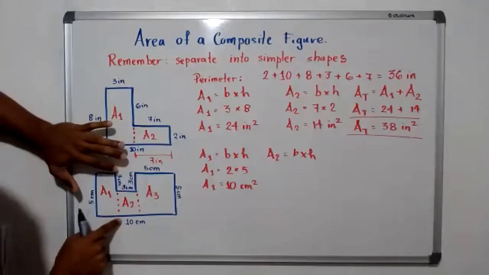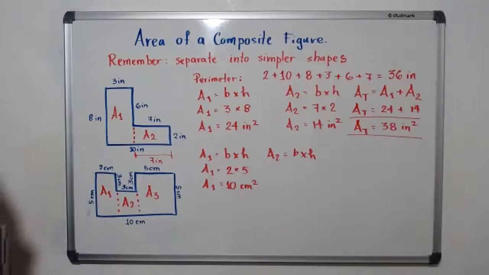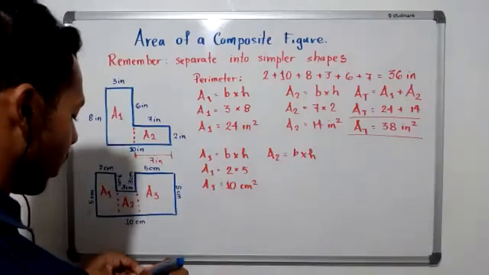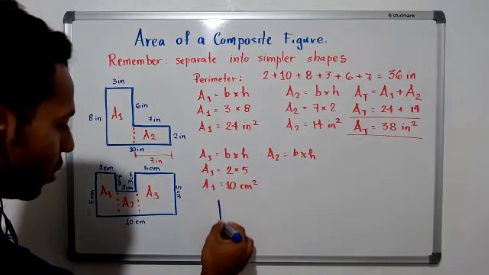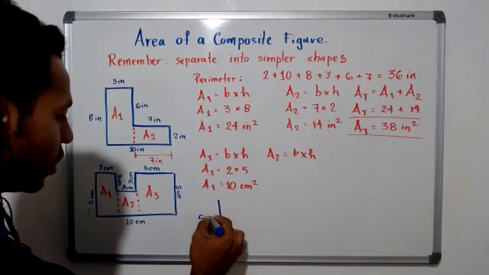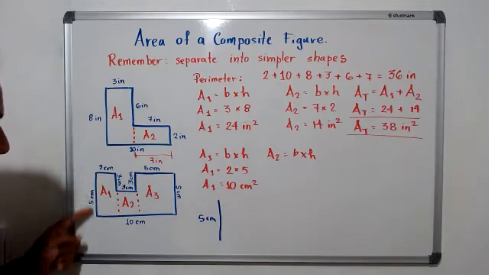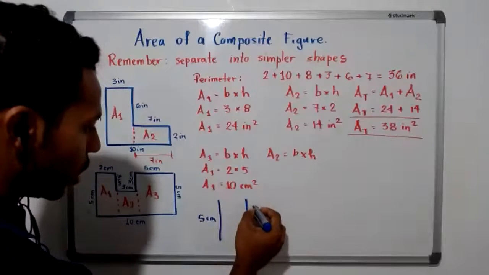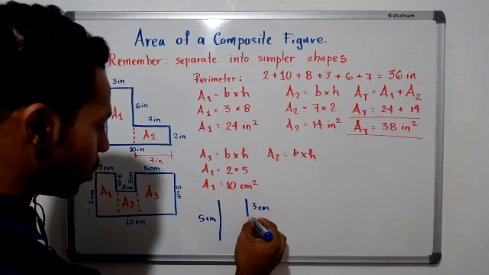We are comparing 2 lines, okay? Let's draw here. We know that this line is 5 centimeters, and we have a second line here that is 3 centimeters.